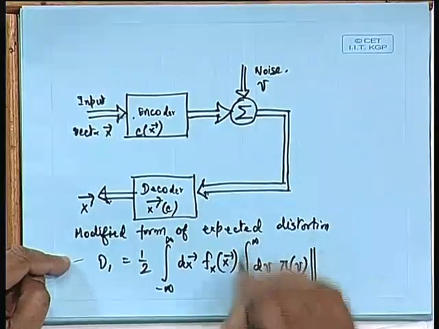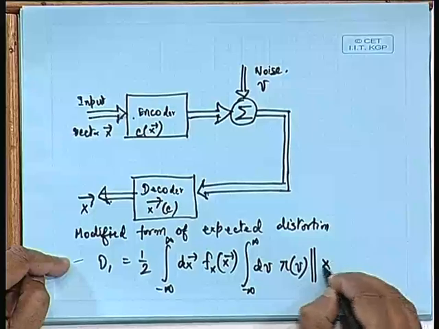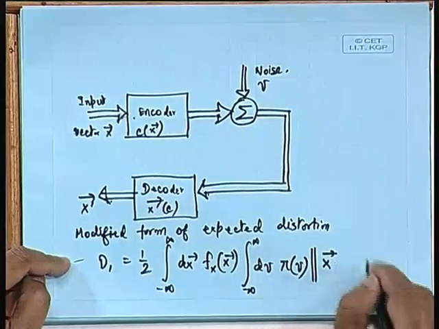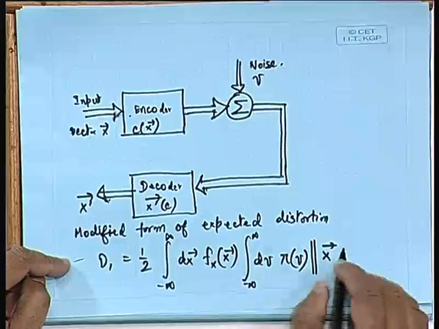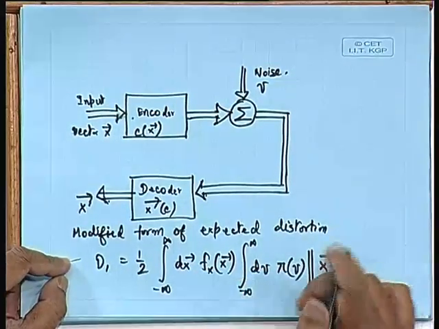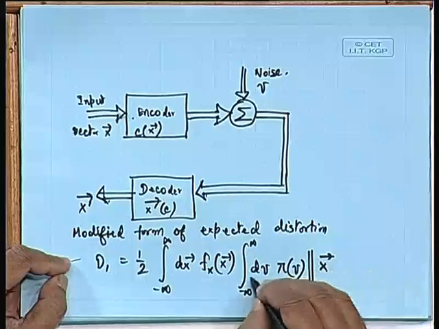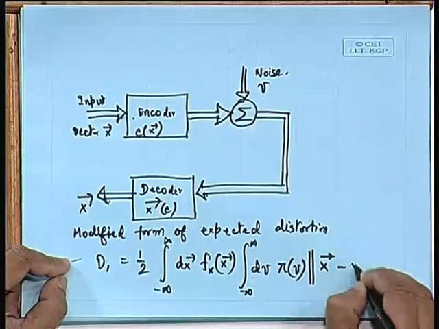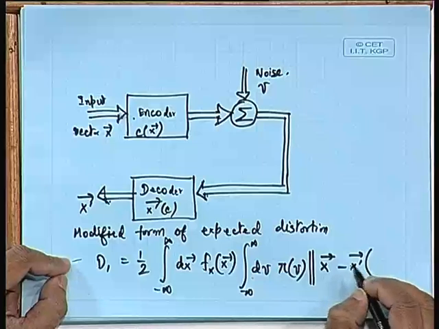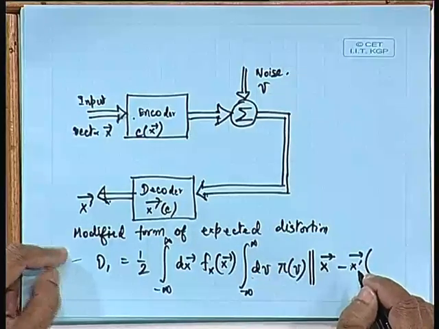This whole thing will be the distortion measure for x vector. And what is that integral expression? This term we have written, and then it is x minus x prime, where the argument of x prime is not just Cx now, it is Cx plus nu.